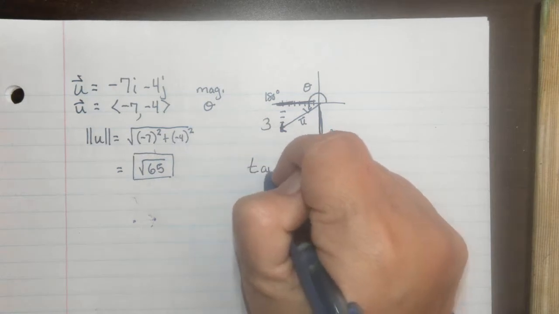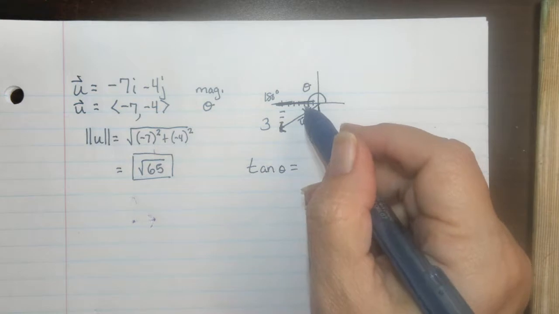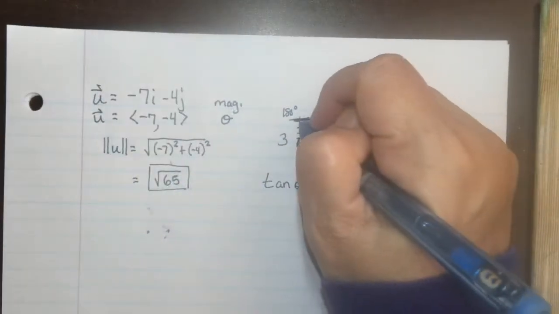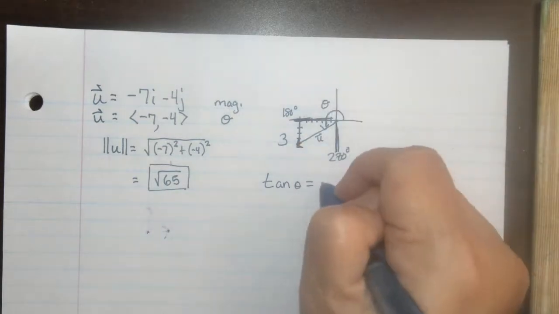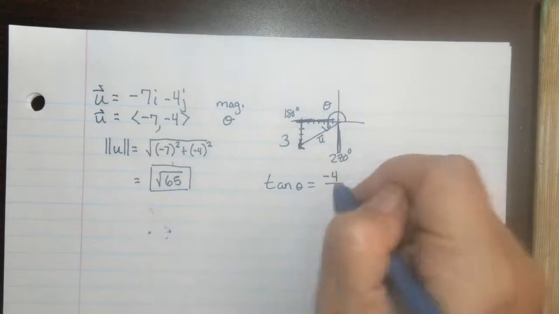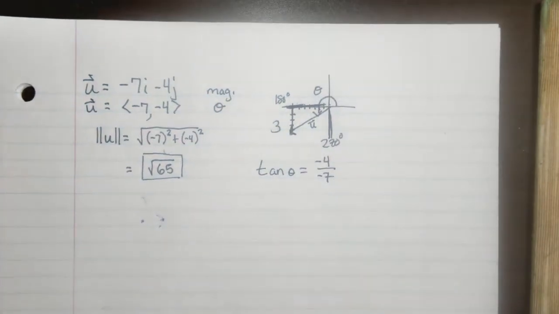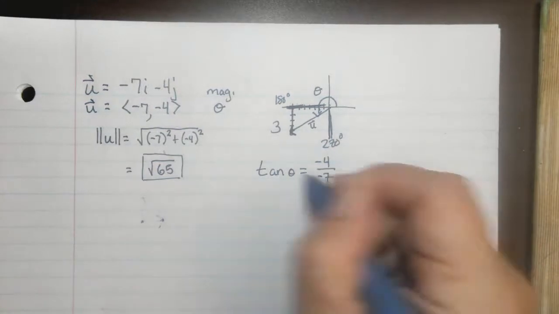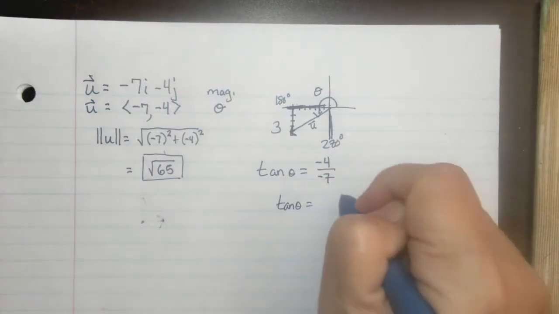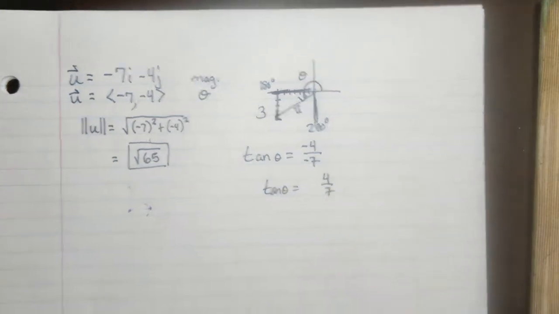The tangent of theta is equal to my y over my x, sine over cosine, vertical over horizontal. So my vertical is -4. My horizontal is -7. And a negative divided by a negative is a positive. So I'd have tangent of theta equals 4 over 7. So it's going to come out positive.